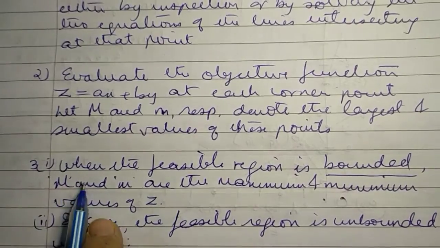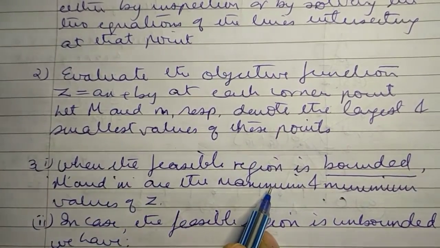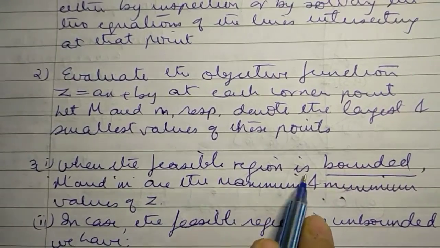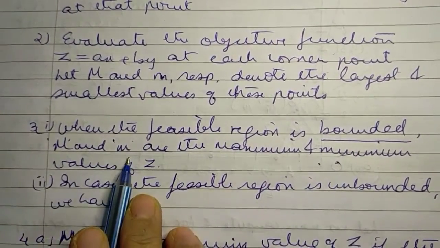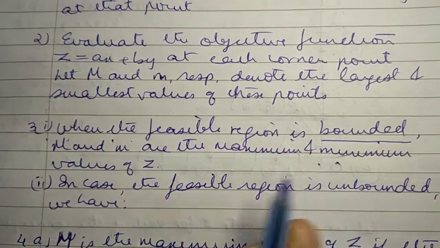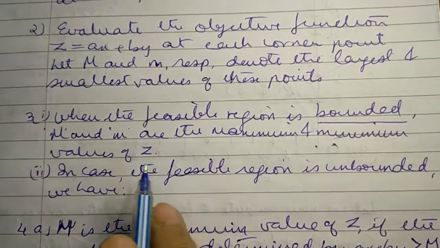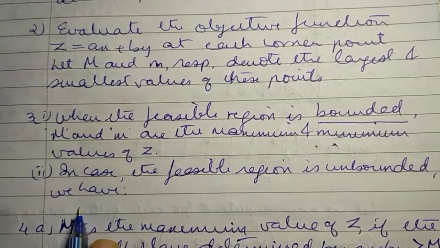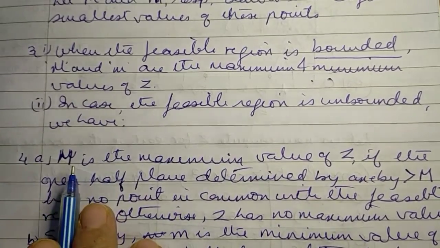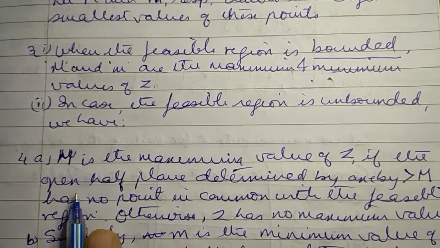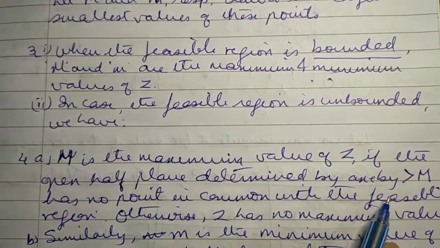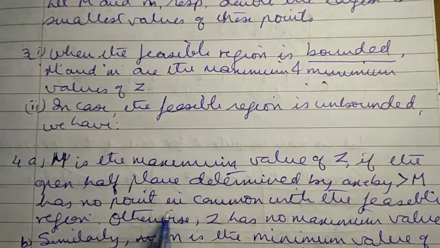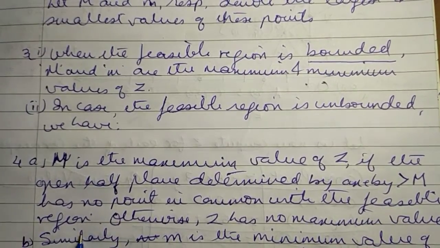Then there are two ways of dealing with it, one when it is bounded and the other when it is unbounded. When the feasible region is bounded, capital M and small m are the maximum and the minimum values of z, that is the objective function. In case the feasible region is unbounded, capital M is the maximum value of z if the open half plane determined by ax plus by greater than M has no point in common with the feasible region.